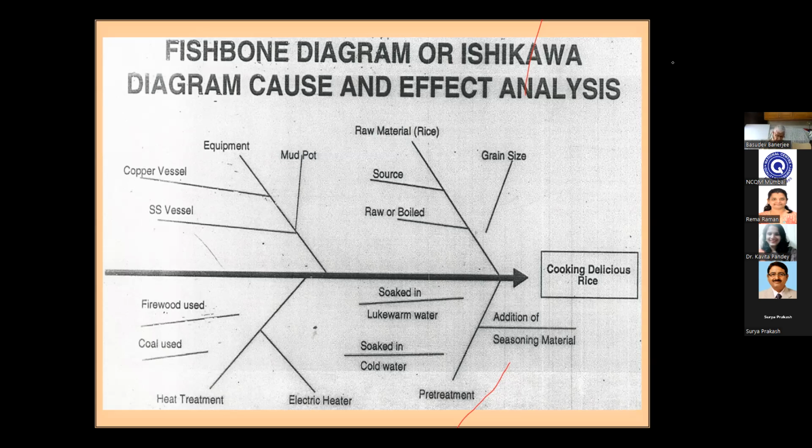I'll give 60% to rice, and 20% to water, pre-treatment, and 10% to equipment. That's 30, 50, 80, and another 20% on heat treatment.